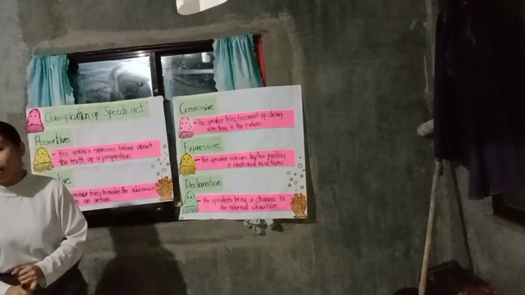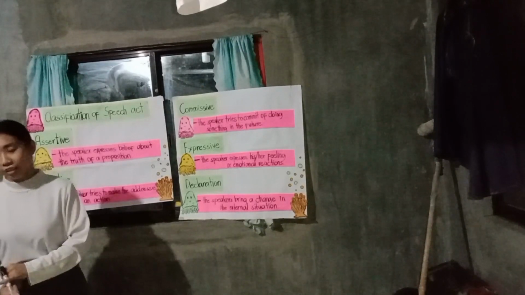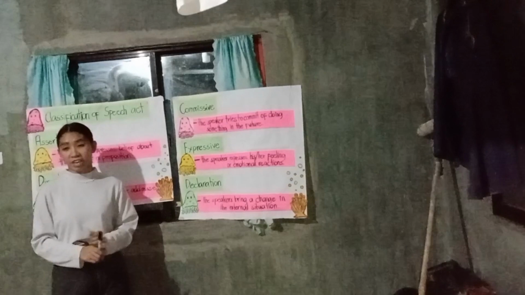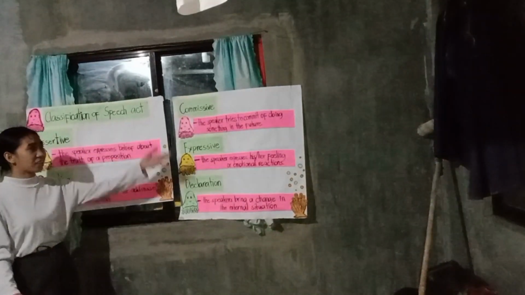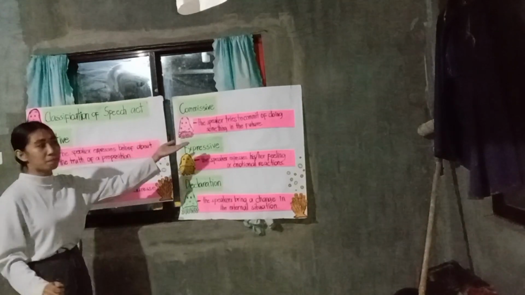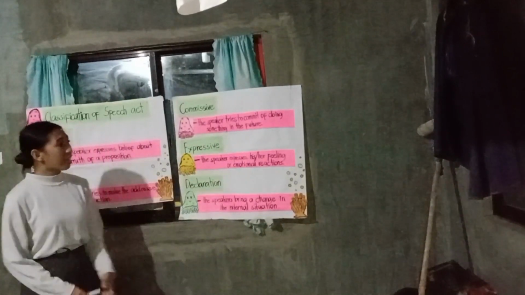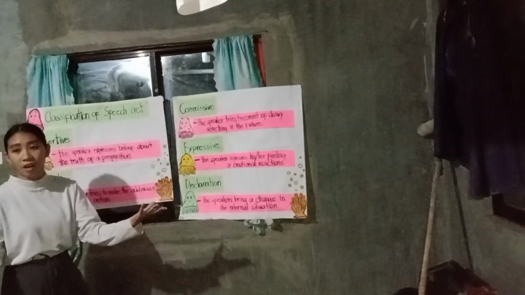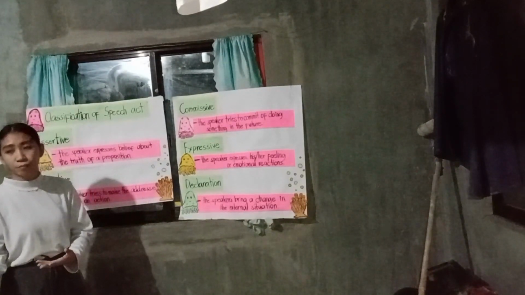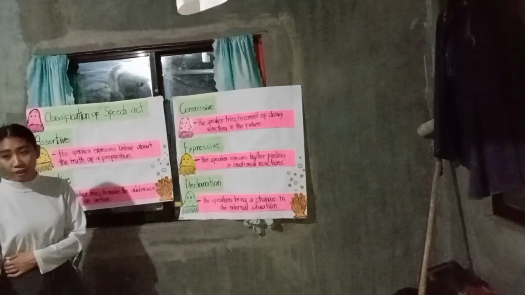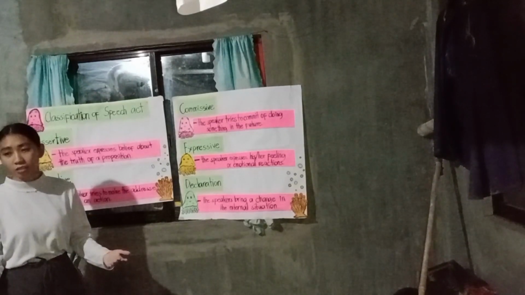What's your sentence again? I promise to love him till death do us part. Yes, correct. That is commissive, under promising. Who wants to give another example or idea? Do you have any, class?